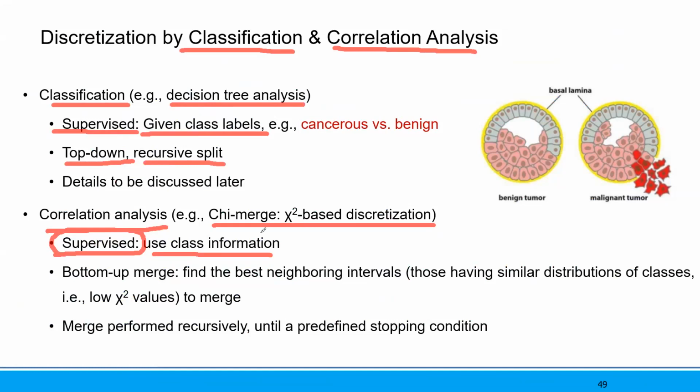The correlation analysis, we want to analyze based on the numbers between some categorical values. So if it is low, there is no correlation. If there is no correlation, then we can try to merge. So if we merge those data, hopefully we can increase some values about the correlation.